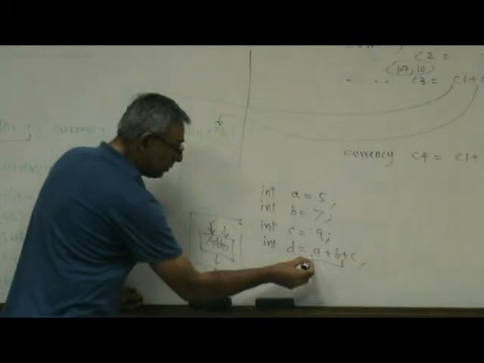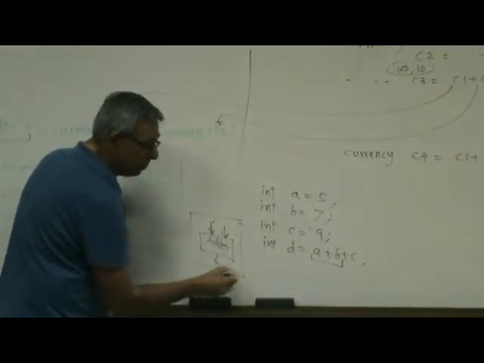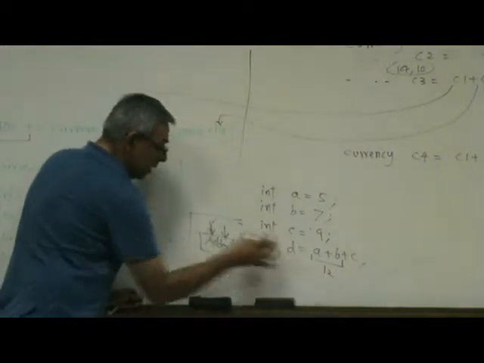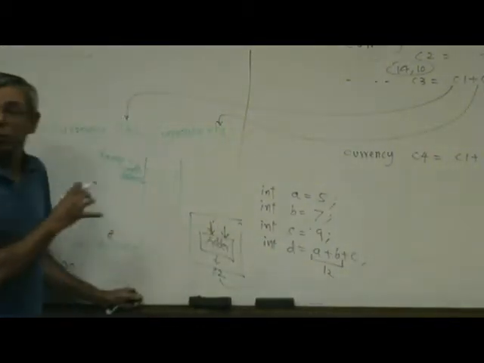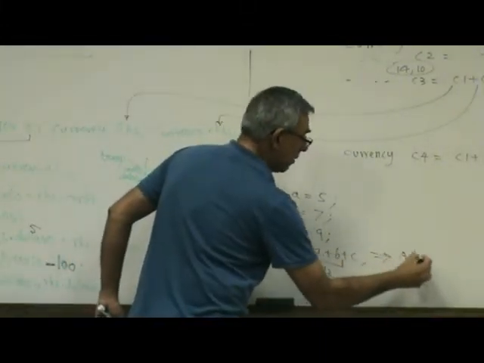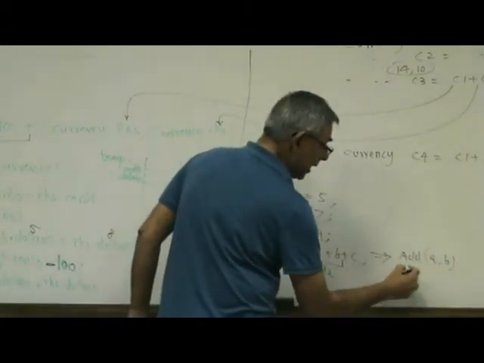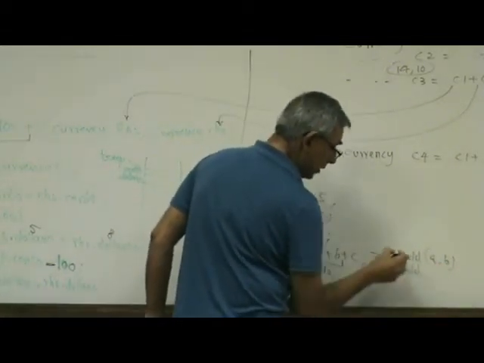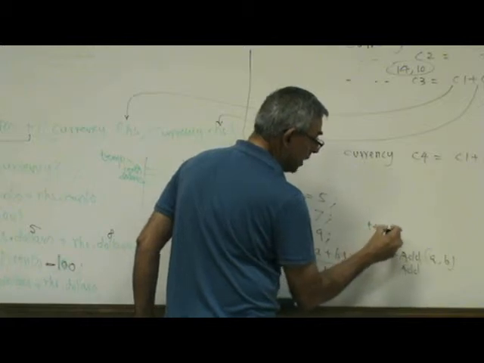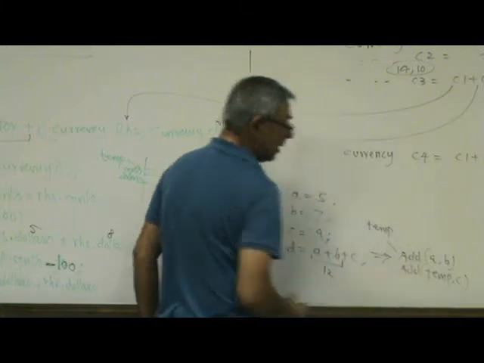So it will do a plus b, send it to the same adder, bring back 12, then call the add one more time. Think of it this way, this gets translated to add of a comma b in the assembly language, then add of, suppose this is some temp over here, then add of temp comma c.